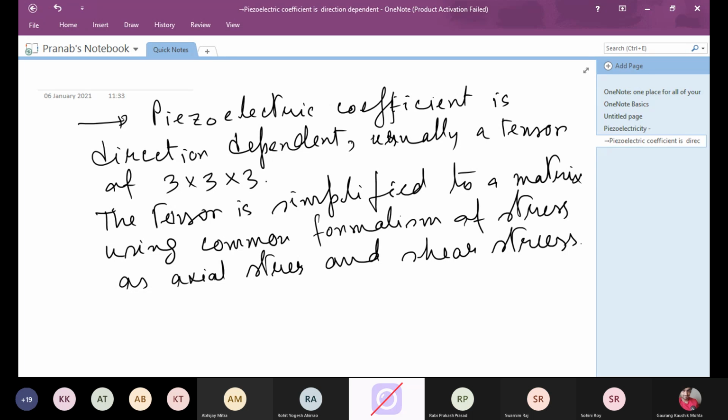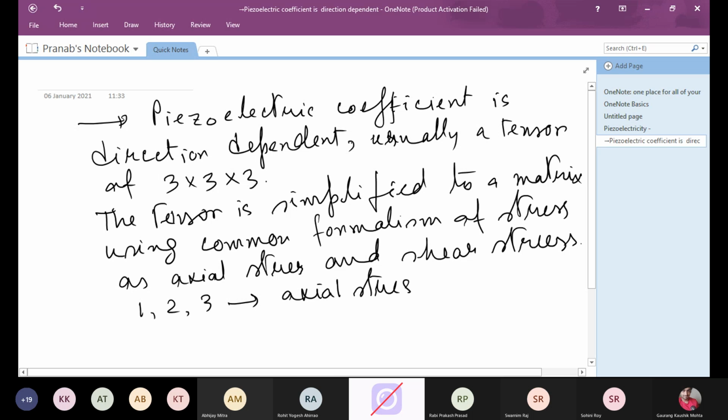So the tensor is usually represented by a matrix, where 1, 2, 3 refer to axial stress, and 4, 5, 6 to shear stress.